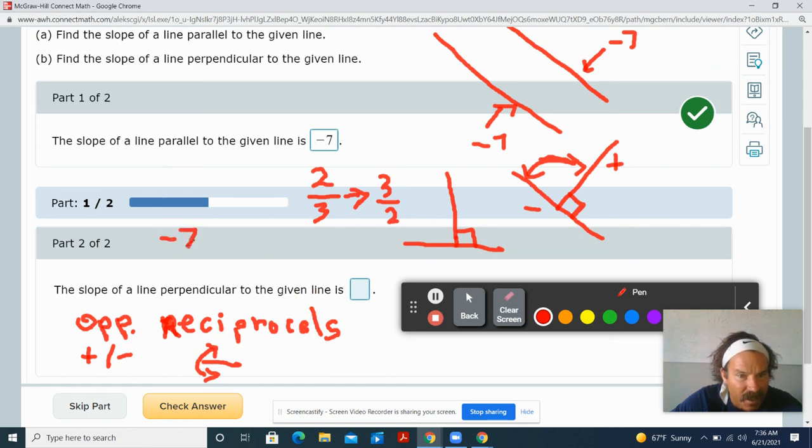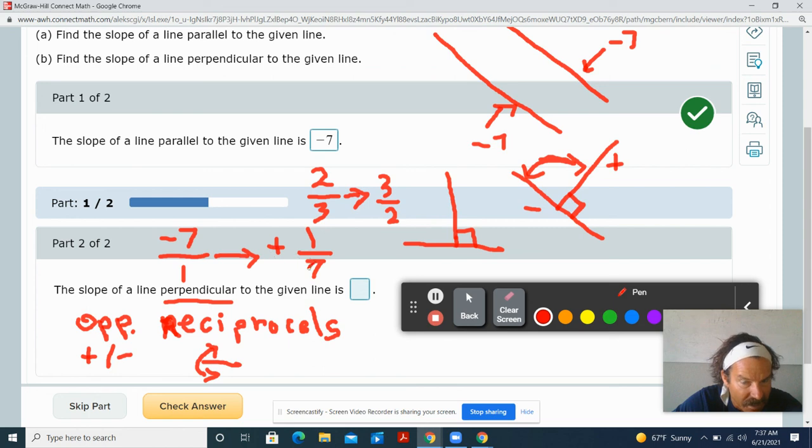Well, negative 7 is not a fraction, but if I put this over 1, it becomes a fraction. You can put whole numbers over 1. So now you have the top part and the bottom part of a fraction. And now, to find the line that's perpendicular, we take the opposite sign, so it's going to be positive, and then we just flip-flop the fraction. Put the 1 on top, put the 7 on the bottom.